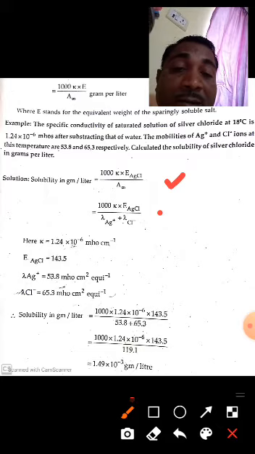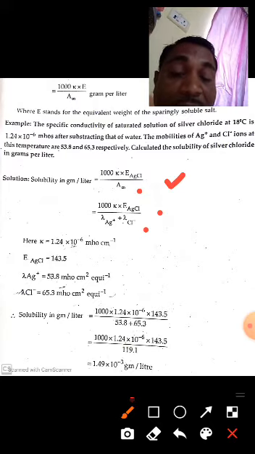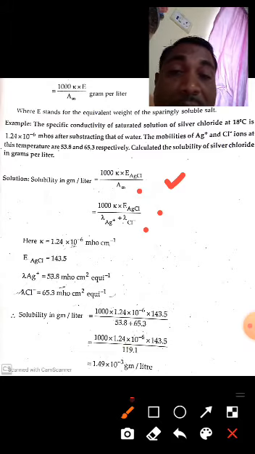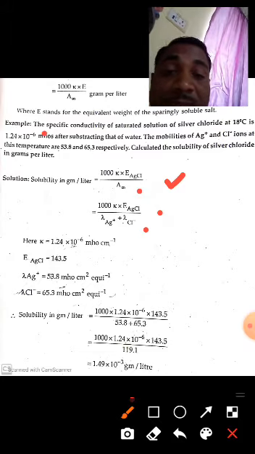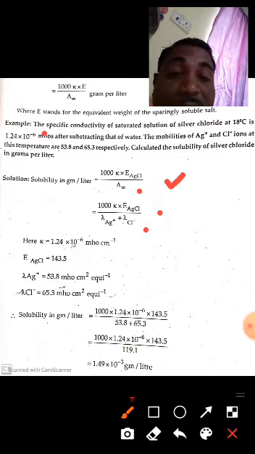In this equation, lambda infinity is converted into the ionic conductance of Ag plus plus the ionic conductance of Cl negative ion. In the above problem, the value of K is given: specific conductance is 1.24 into 10 raised to power minus 6 mho per cm.